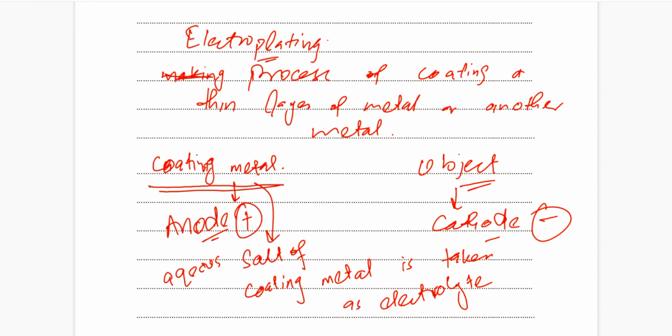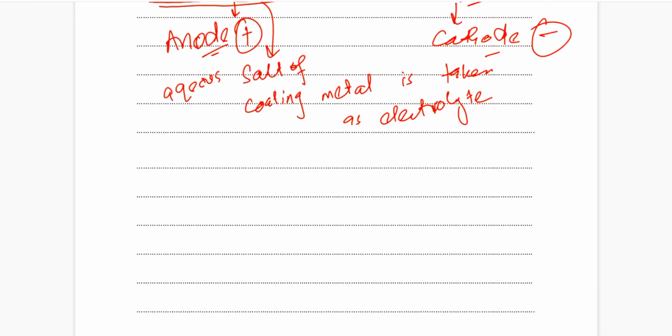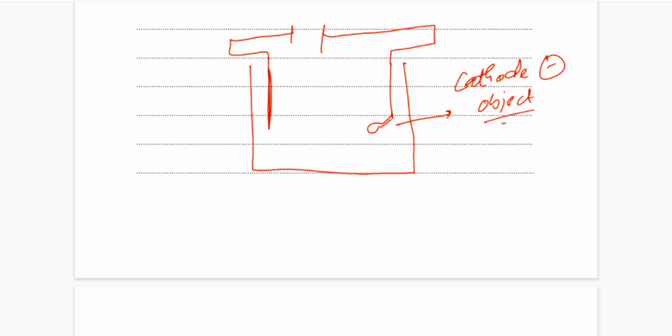So here we go. We have an electrolyte tank. Here is the anode made up of copper. We are electroplating copper on an object. I'm taking a spoon here, or anything you may consider. This is the object, this is the cathode, with negative charge.